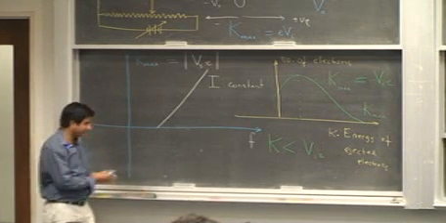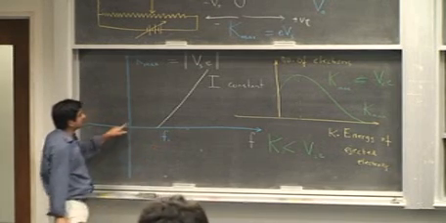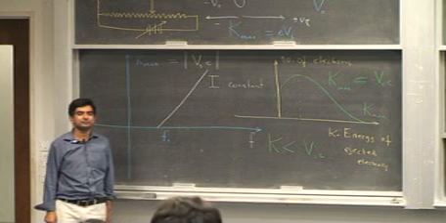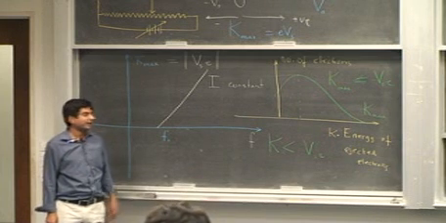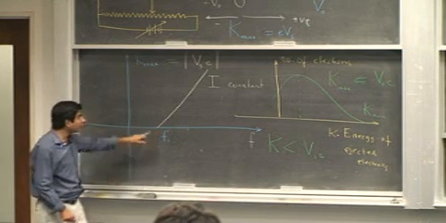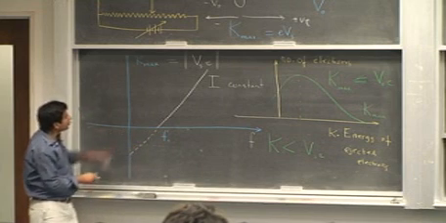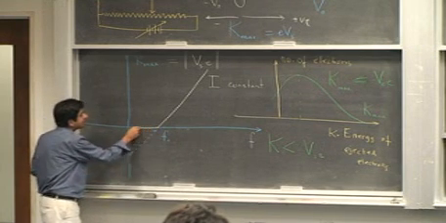And another point is that at a certain frequency f naught, the maximum kinetic energy is zero. So if you're at this frequency f naught, or at frequencies below f naught, you do not observe any kinetic energy.